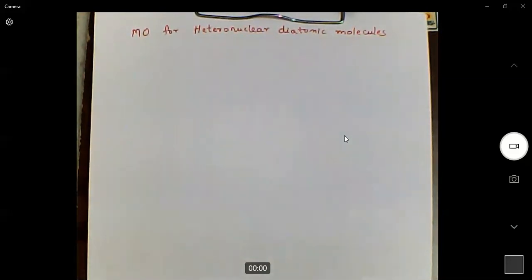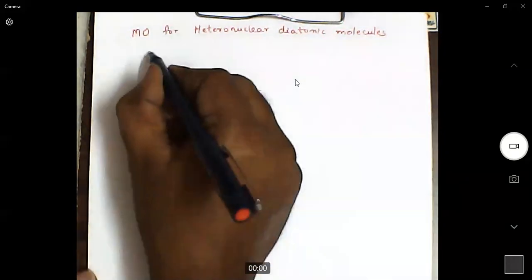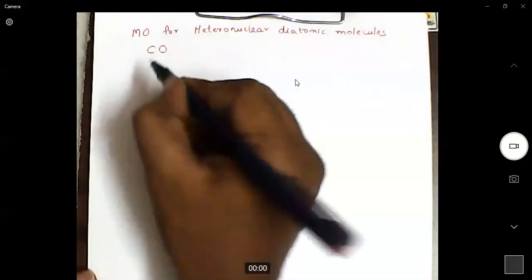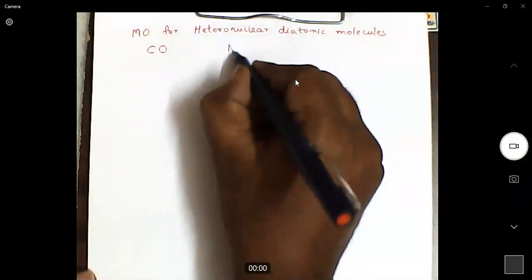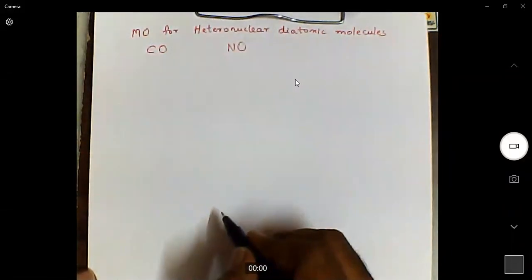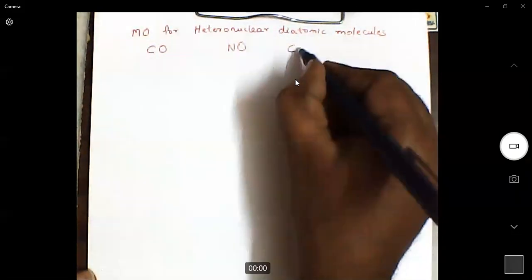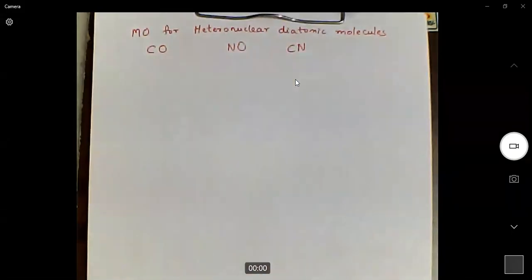If the molecule is formed between two different atoms, then it is called a heteronuclear diatomic molecule. Examples are carbon monoxide, nitrogen oxide, cyanide. These are the examples for heteronuclear diatomic molecules.